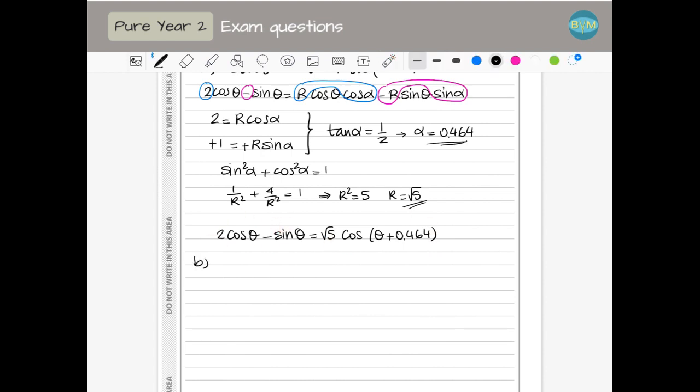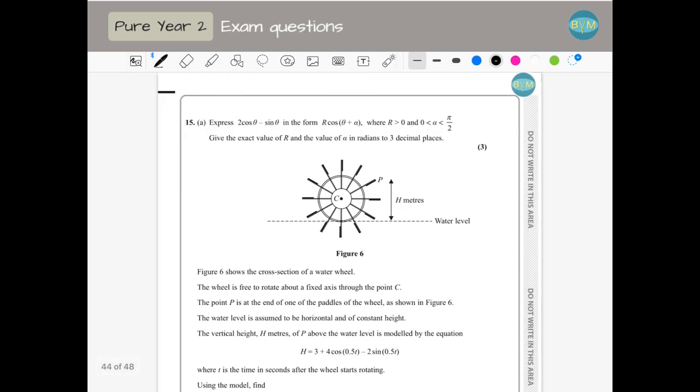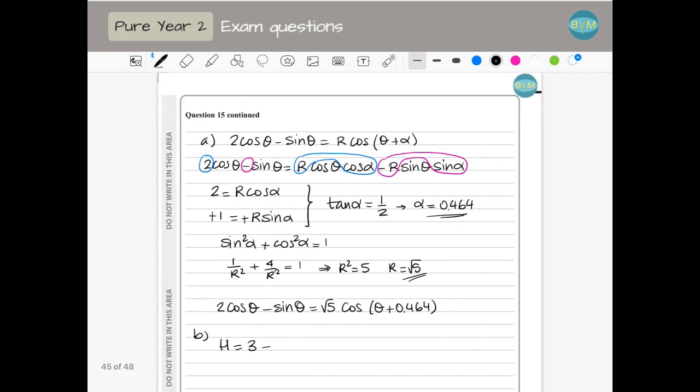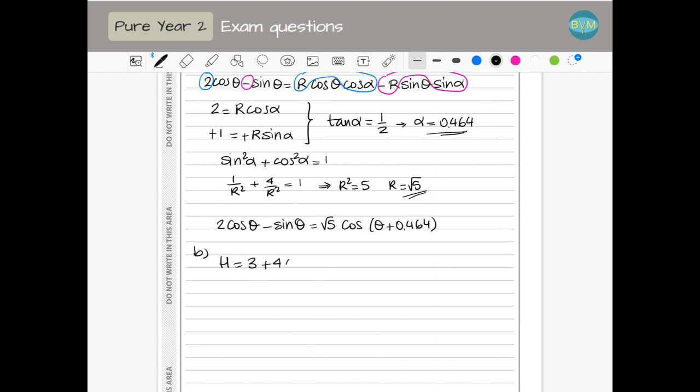So now I have to write h as 3 plus 4 cos 0.5t minus 2 sin 0.5t. If you compare this with what we have, you see that I have double of this expression, and instead of theta I have 0.5t.